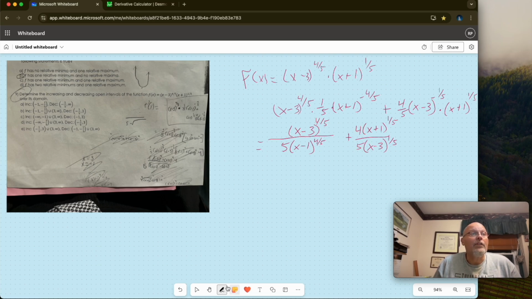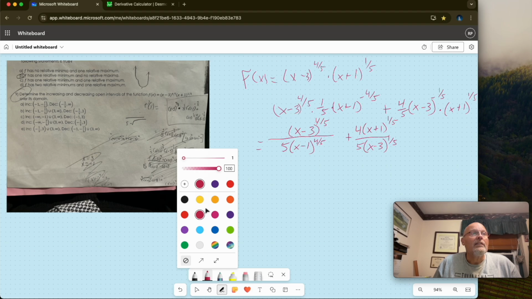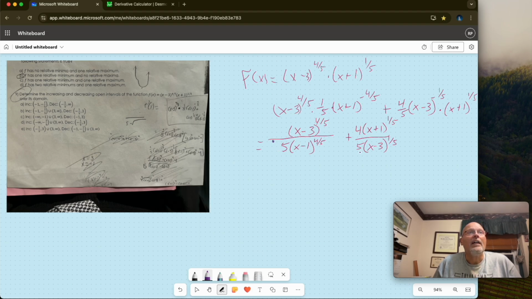So I will take this part of it and multiply. I don't need to multiply by the 5 for my common denominator because I've got it in both of them. But this will need to be times (x minus 3) to the 1/5 over (x minus 3) to the 1/5.